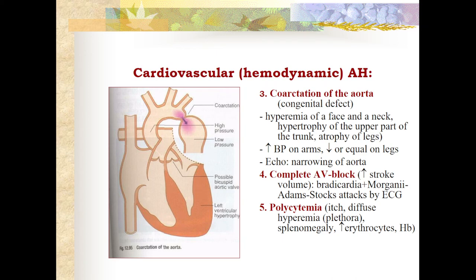On ECG, we reveal bradycardia and AV dissociation. Polycythemia is also one of the reasons of cardiovascular disease, and polycythemia can cause arterial hypertension.